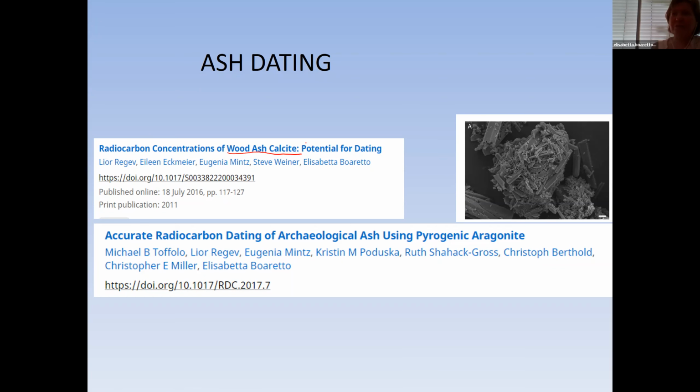So the ash comes from the tree, and we will see how. And so it could be a potential good material for dating. And in this direction, we have found that in the ash, we should use the aragonite for dating. And now we will see why and what is the story here.